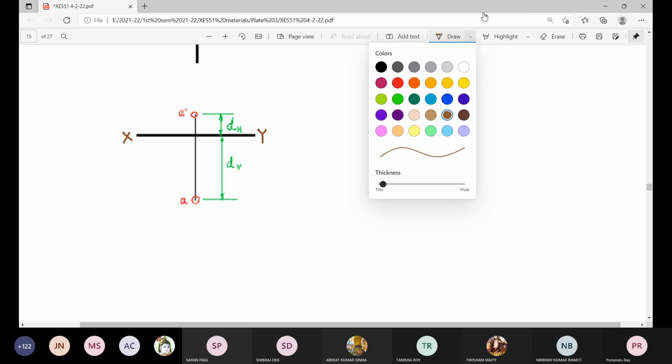Okay. So we draw a thick line XY, which is called the ground line also. This is the first step. So step 1 is this.